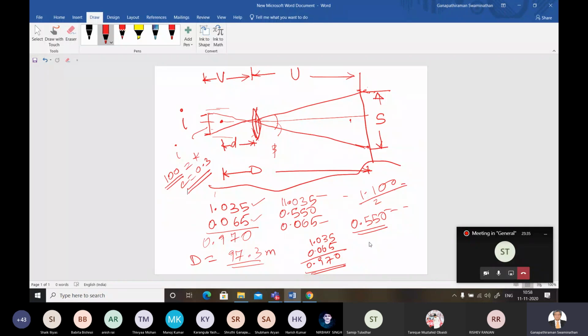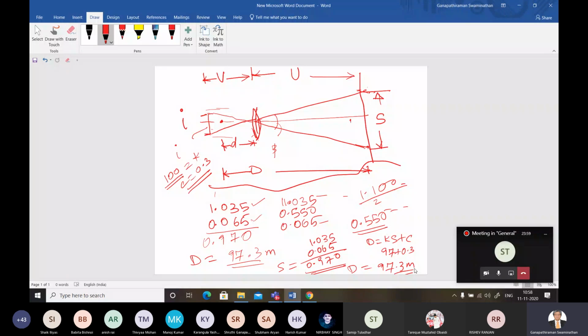So horizontal distance D is equal to Ks plus C, where this is equal to S. So 0.970 multiplied by 100 is 97 meter. So C is 0.3 meter, plus 0.3. Answer is D is equal to 97.3. You get the point?